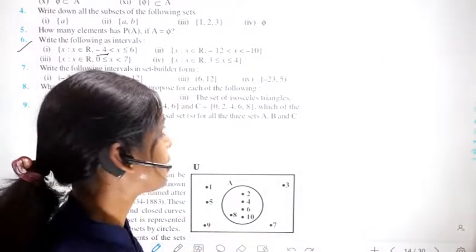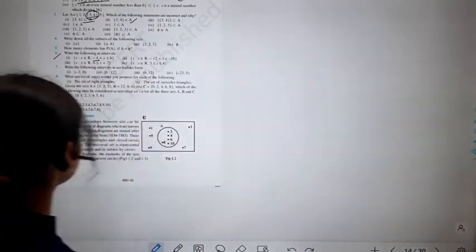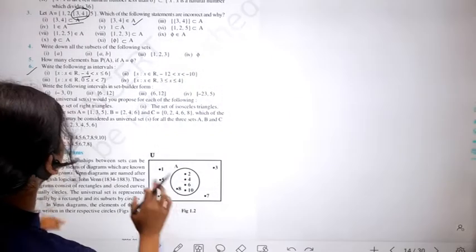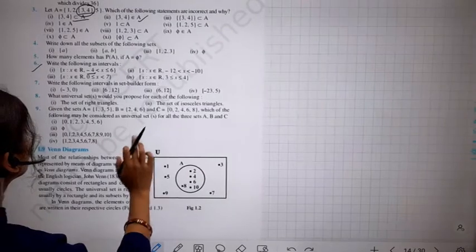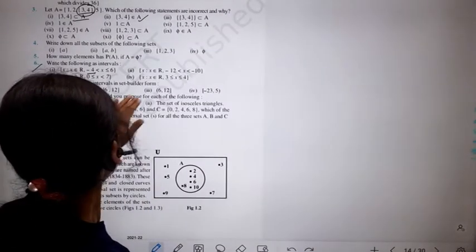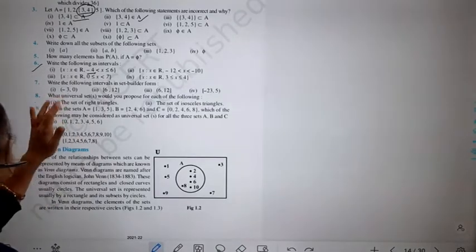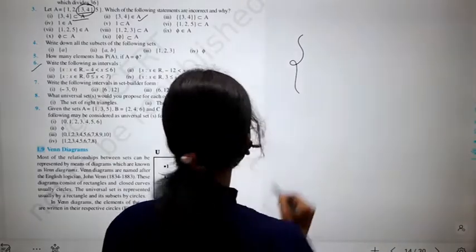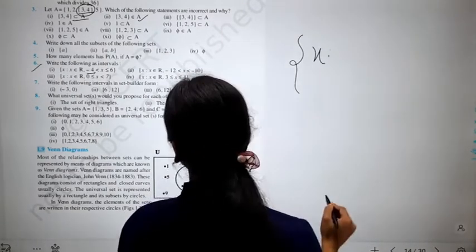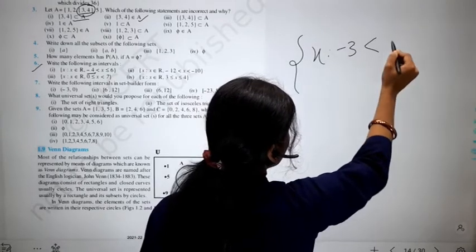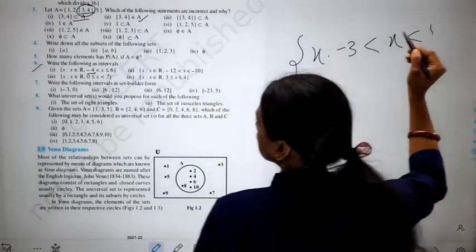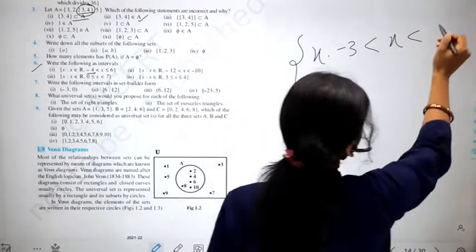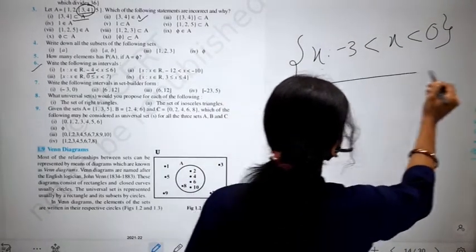Now you have to do a practice at home. My next one is: write the following interval in set builder form. This is an open interval. Then you can say here, collection of all those x such that -3 is less than x and x is less than.